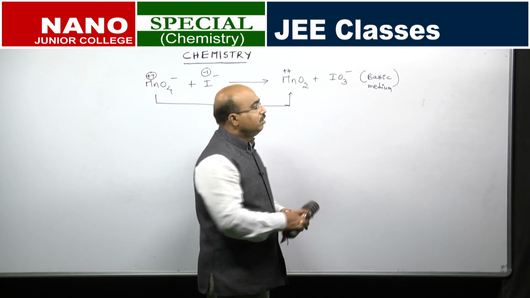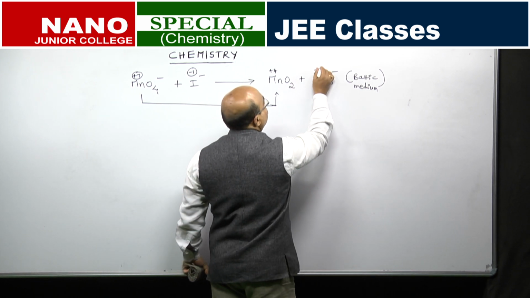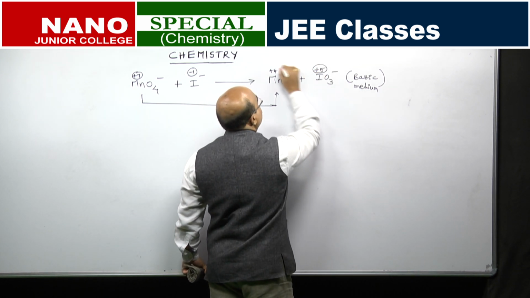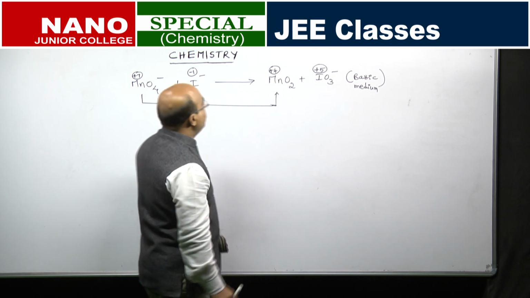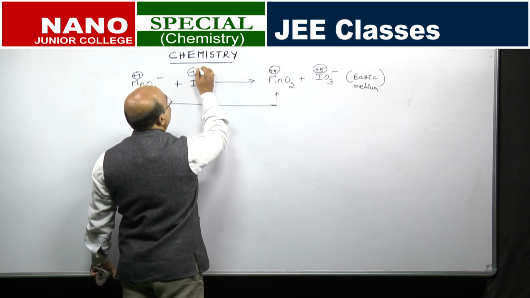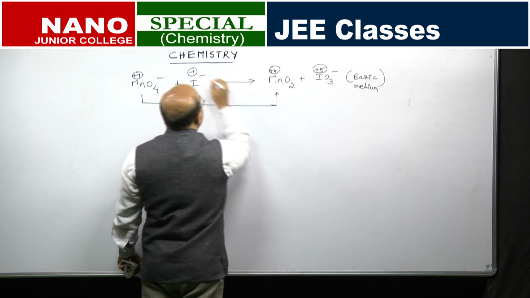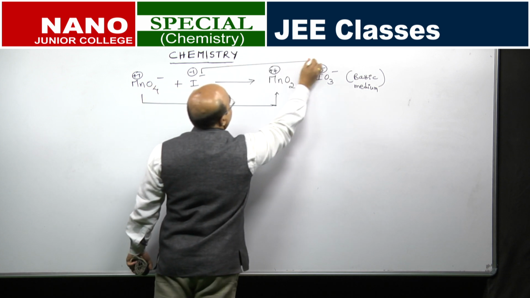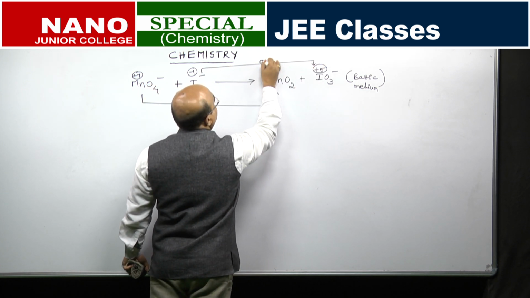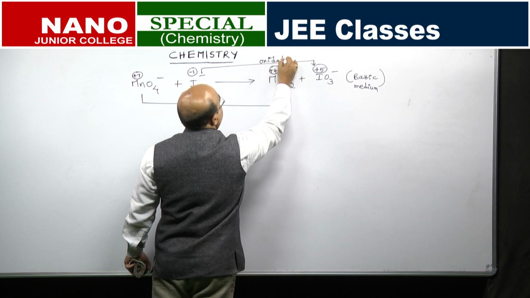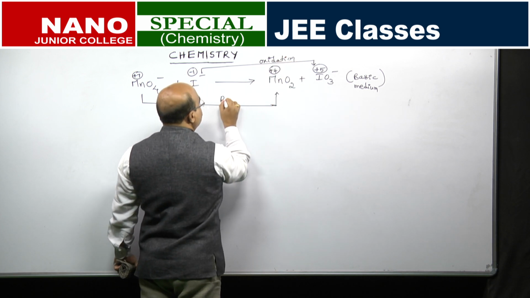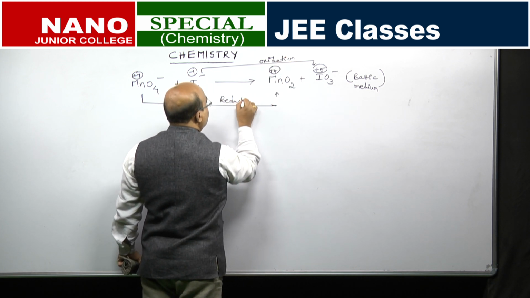So, what should it be? It should be plus 5. So, iodine is going from minus 1 to plus 5. So, what can you say? This is oxidation and this is reduction.